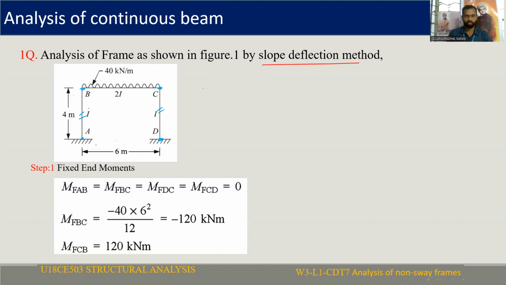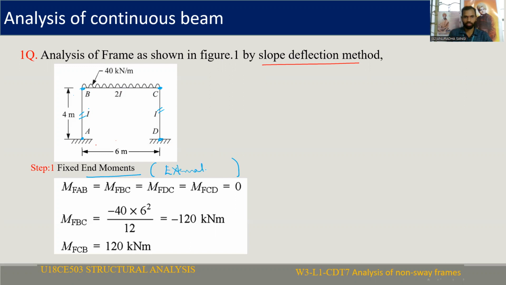For the analysis of this non-sway frame, the first step is to calculate the fixed end moments. We know very well about fixed end moments. Fixed end moments are developed due to external loading.